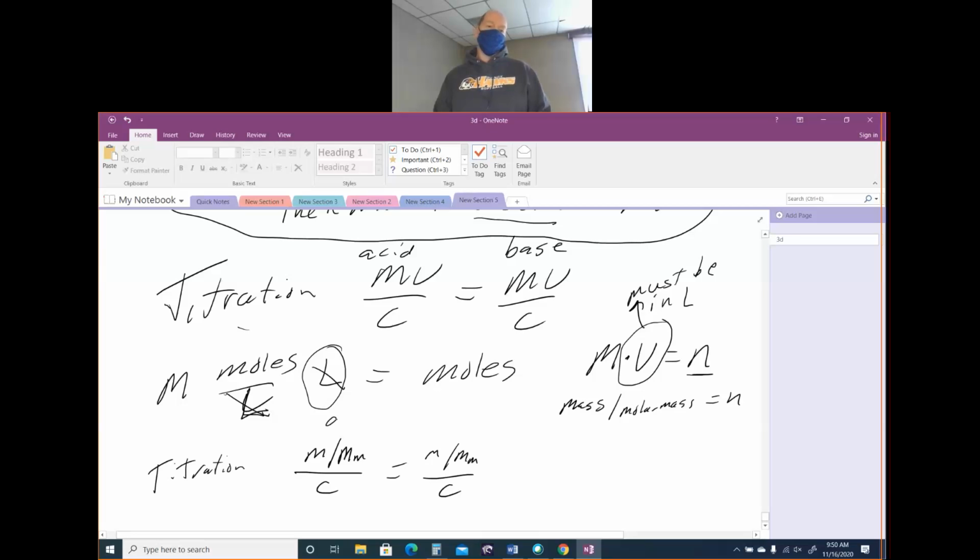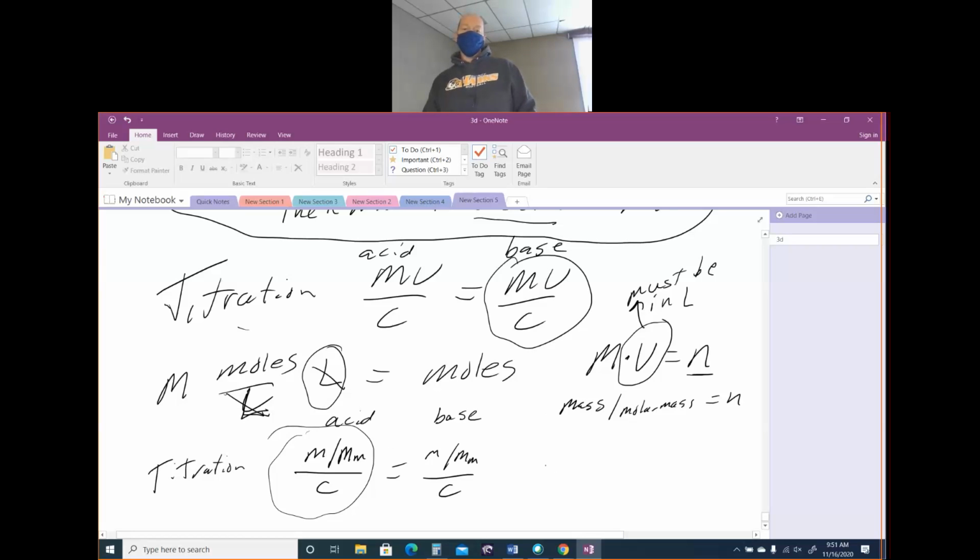We're doing acid-base, oxidizing agent, reducing agent, but here the example is going to be acid-base. If your acid is in the solid form, then you would use this, and your base in the liquid form, you would use this.